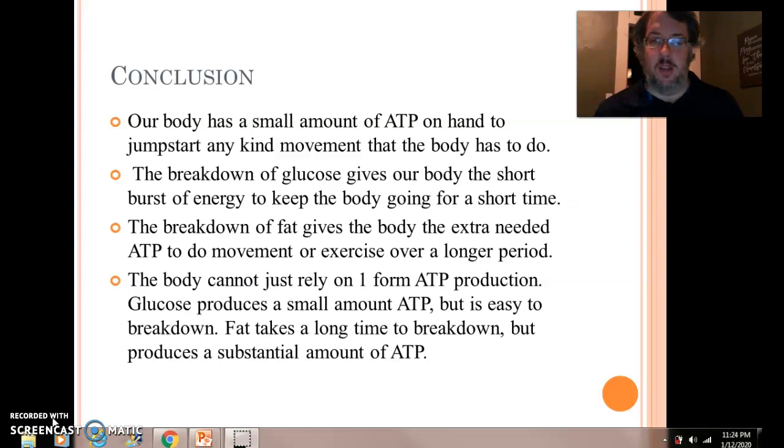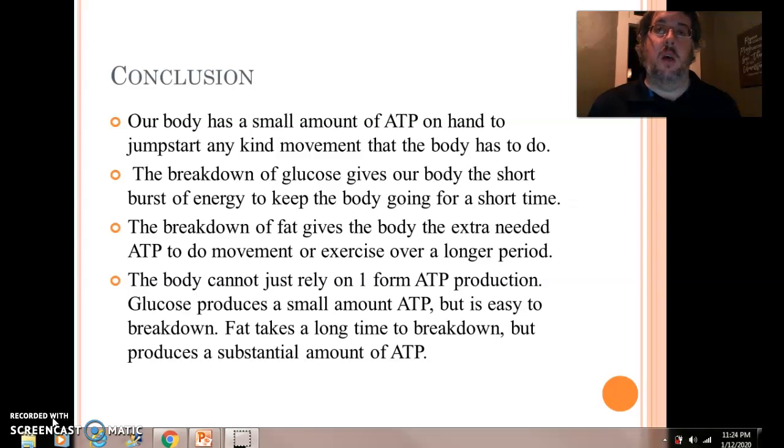It jump starts the activity and gets everything going. The breakdown of the fat is almost like the gas, where it allows you to do the activity longer, and it sustains the ongoing processes of the body.